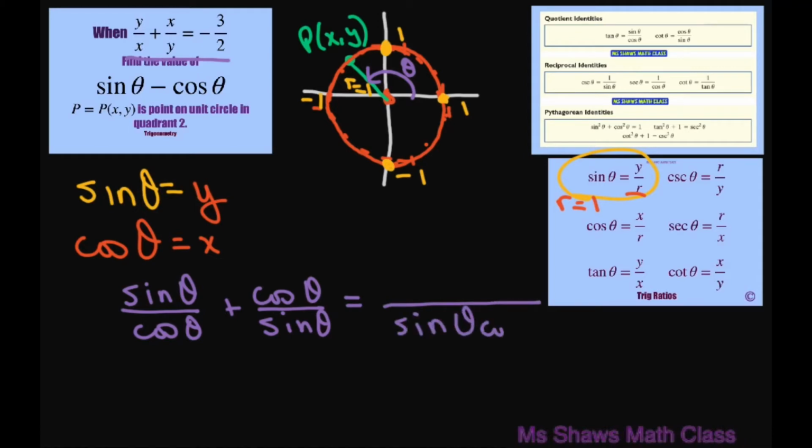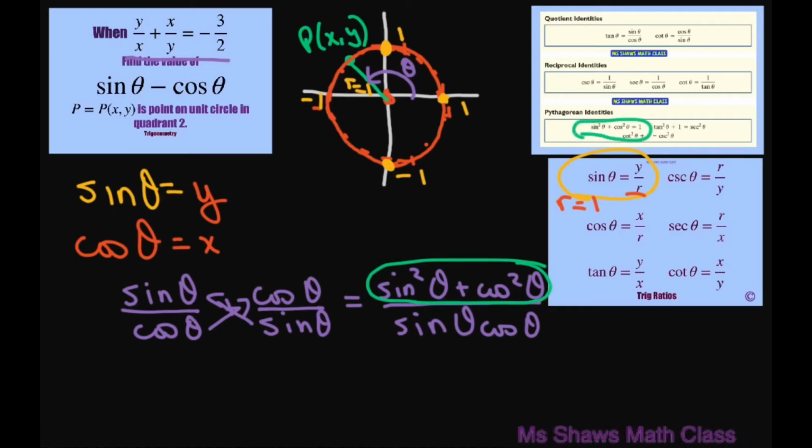Sine of theta, cosine of theta, and then just cross those and you get sine squared of theta plus cosine squared of theta. Now this equals 1 with your Pythagorean identities here. So that equals 1.